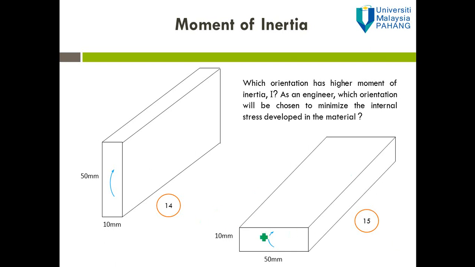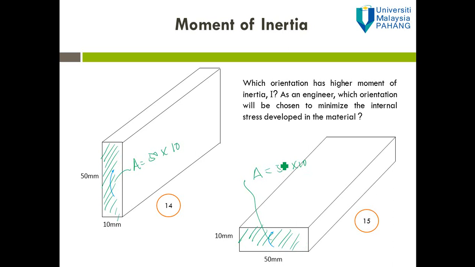So we have two beams, beam 14 and beam 15, and both have the same cross-section area, A equal to 50 times 10, so the areas are the same.